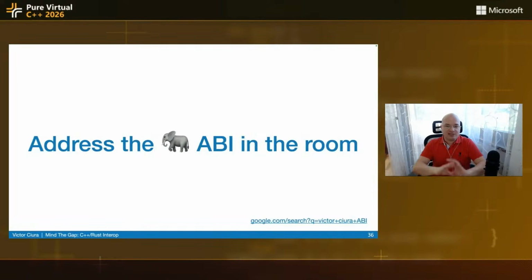Of course, we cannot round off the whole interop story without addressing the ABI elephant in the room. I don't have time to go into this now, but you can definitely search for my name online and ABI, and you'll find more than you want to see.